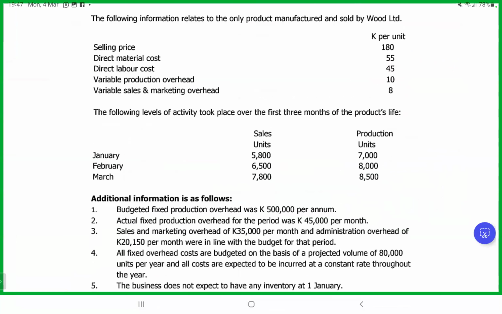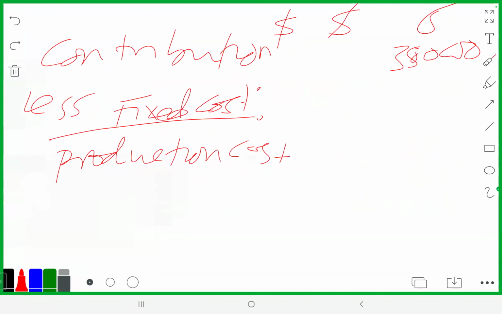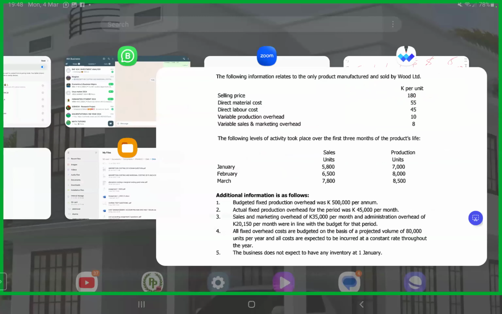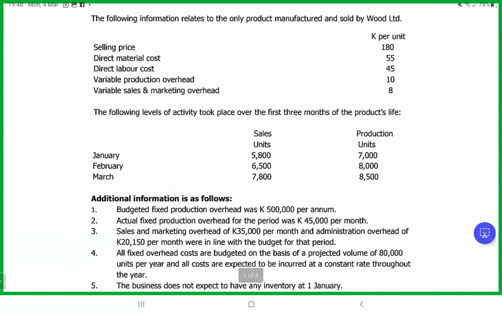Yes, sir. So you write that one, 45,000. Then you also have to consider the other fixed costs, like the fixed sales and marketing overheads, which are 35,000 per month. Same as the administration overhead as well.